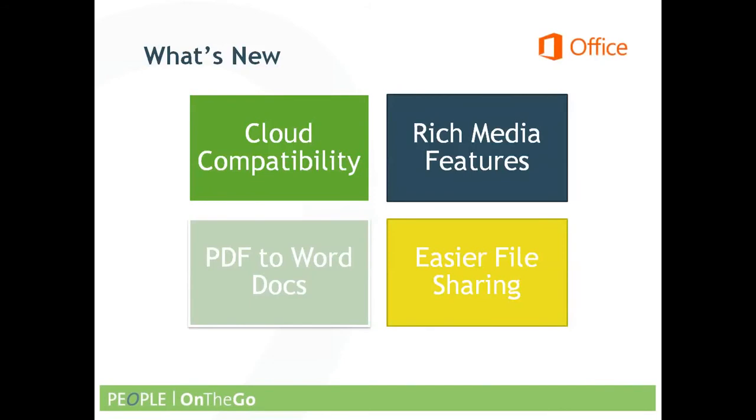The latest versions of Office also include some rich media features that are new to Office. You can start to install videos, you can add images from various sources, all trying to compete with this Google Docs that will allow you to embed YouTube videos, embed images, these types of things.